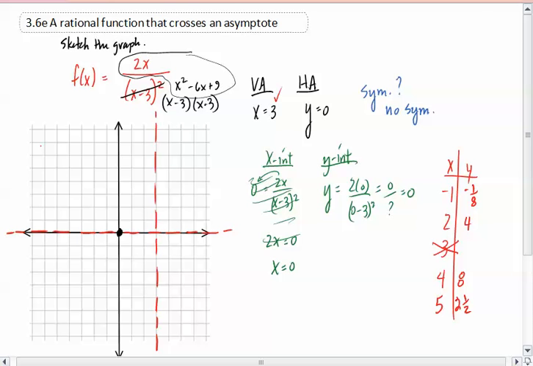For -1, I get -1/8. Over 2, I go up 4. Over 4, I go up 8. Over 5, I go up 2.5.